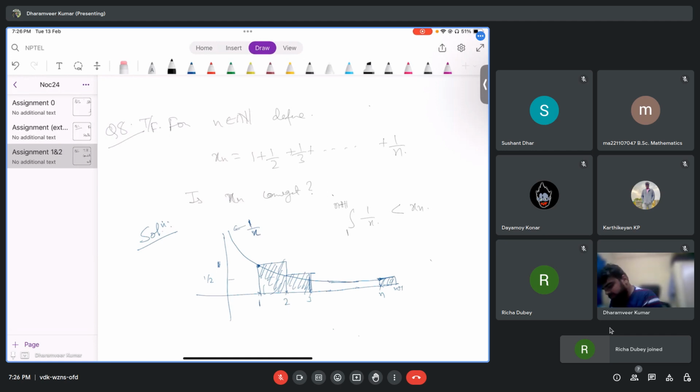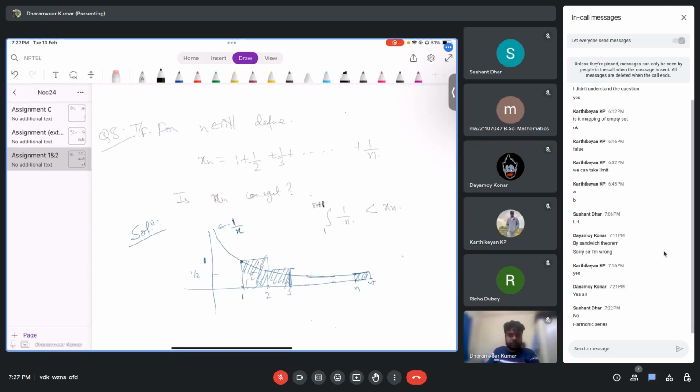Do you get this? Please let me know if you don't get this, right? I'm just doing these triangles and the area under this curve is obviously bounded by xn. Can you integrate 1 over x? This implies ln of n plus 1 is bounded by xn.